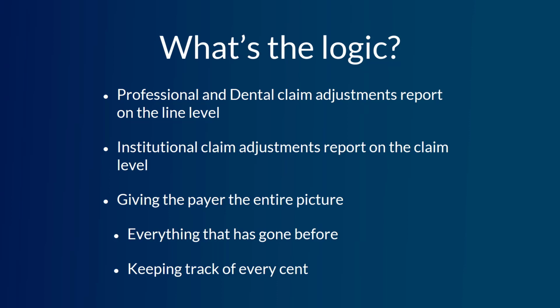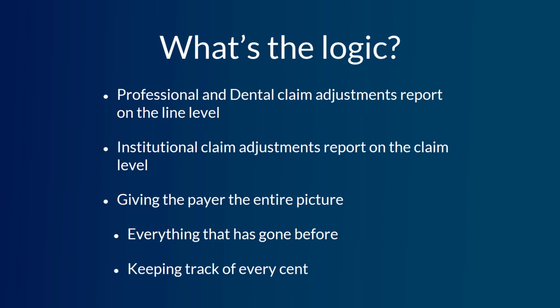By contrast, institutional claim adjustments are most often on the claim level. Institutional claims are more likely to bill for bundled services, which means that adjustments are made on a higher level, on the claim level rather than on each individual line. So when an institutional coordination of benefits claim is created, for once, the institutional people get a little bit of a break and only have to report claim level adjustments.